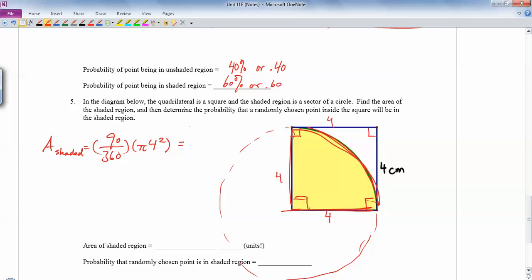So if I plug that into a calculator, that ends up being 12.5664 centimeters squared. So then the question is, what's the probability that if you choose a point inside the square randomly, that it'll be in the shaded region?